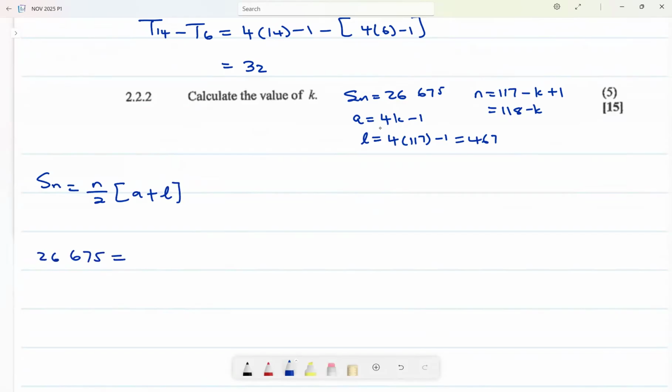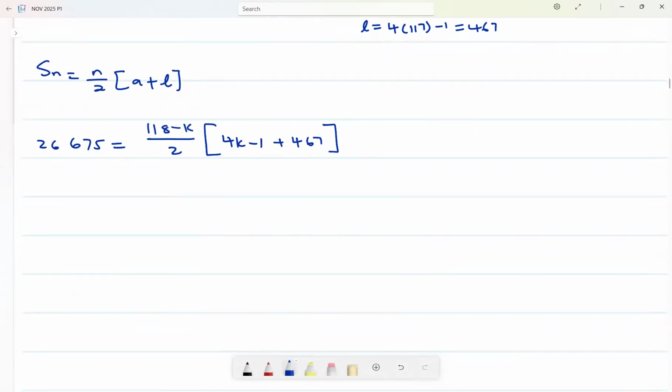It is equal to N, which is 118 minus K divided by 2, times A, the first term, which is 4K minus 1, plus the last term, 467.